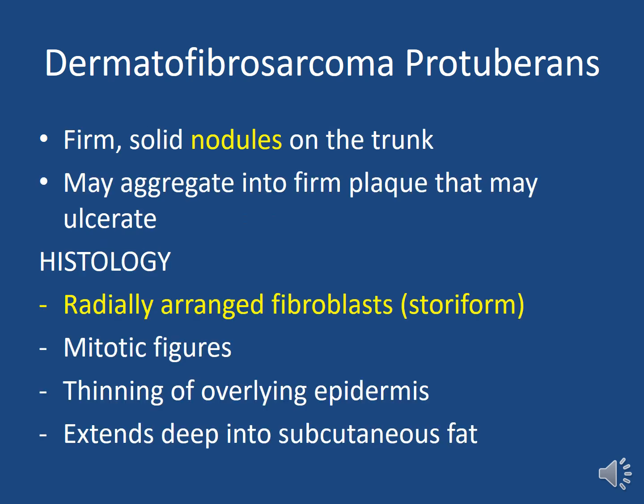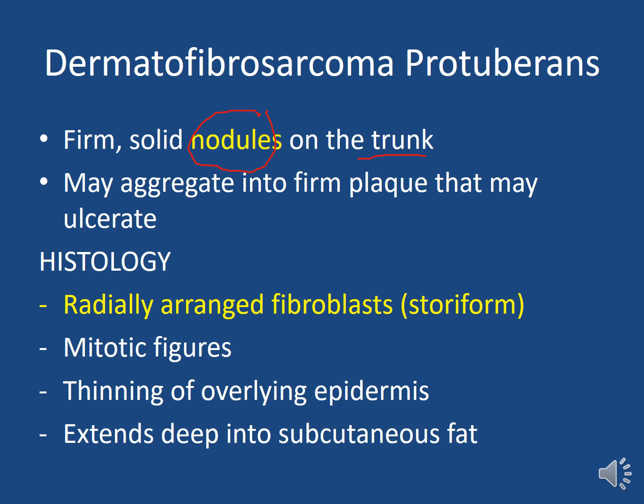You will be able to see nodules in this condition, particularly in the trunk area of the body. Sometimes the nodules may aggregate and become coalesced with each other to form plaques that will eventually become ulcerated.